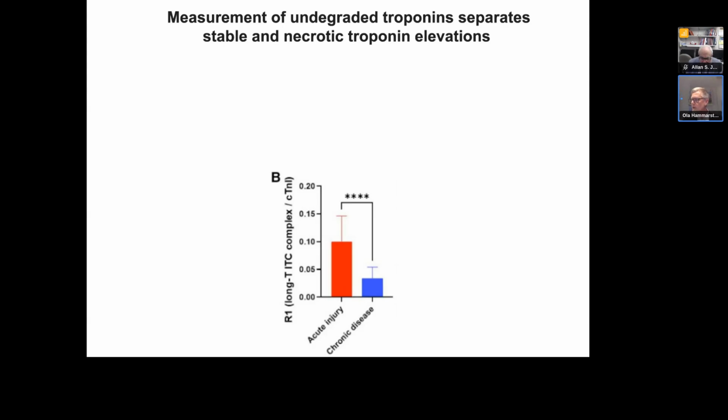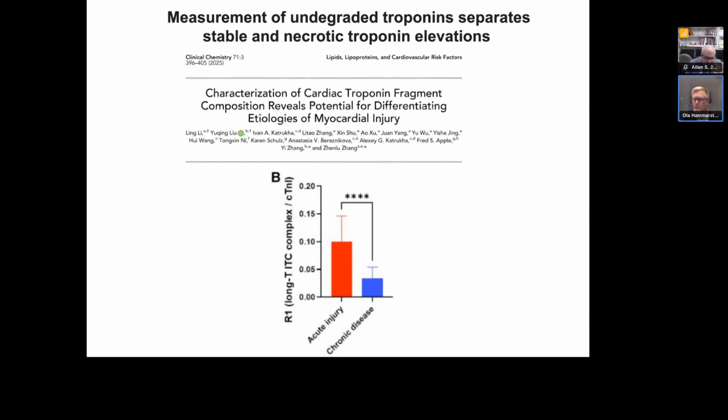So when the ratio between troponin I and T is high, it's more likely that this is going to be an acute necrotic event, whereas in chronic disease, you see that the ratio is usually below 1. Whether or not this can be used in the acute setting is not clear yet, but it seems to be one possibility to separate the necrotic from the non-necrotic troponin release mechanisms.